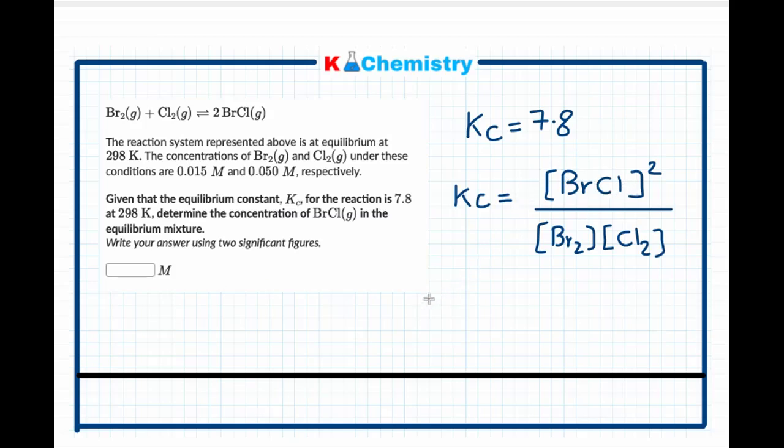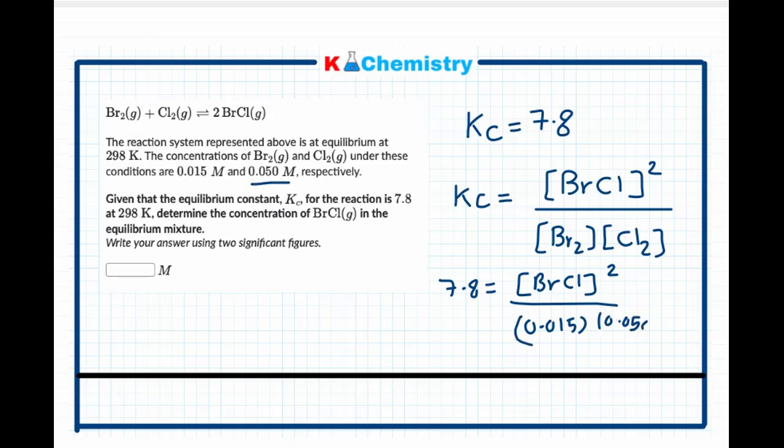So I will say that 7.8 is equal to BrCl squared, which is what we need to find, divided by the multiplication of Br2, which is 0.015, multiplied by Cl2, which is 0.050.